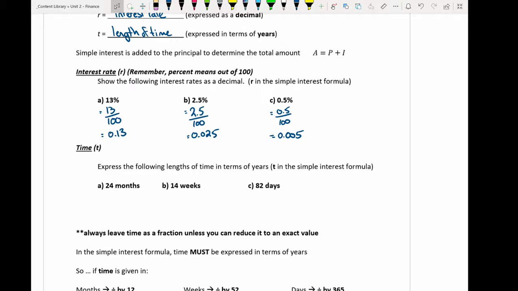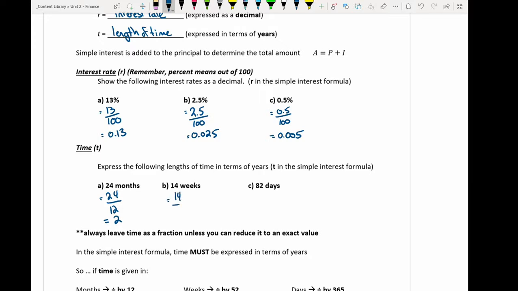For example, if I have 24 months, I'm going to take 24 and divide it by 12, because there are 12 months in a year. Then that will give me an answer of 2. So that means there are 2 years, or if I say I have a term or a length of 24 months, that simply means 2 years.